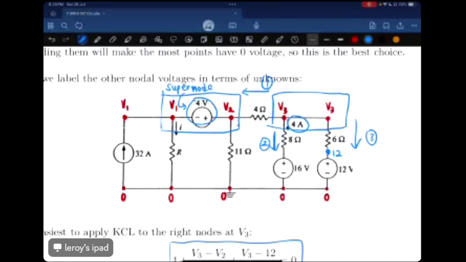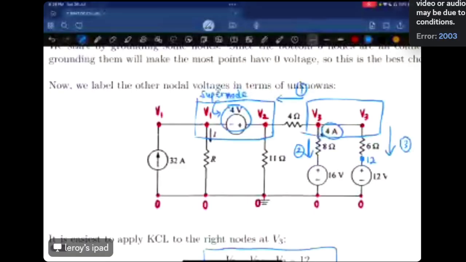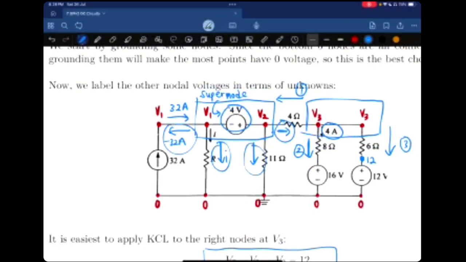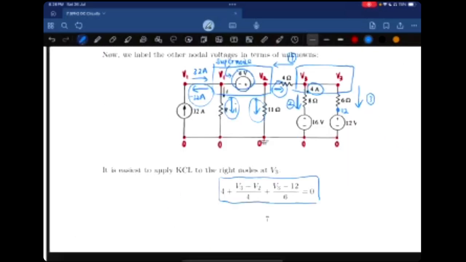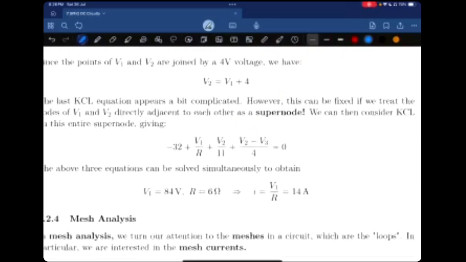So when you come here, you have some current here, then another current, and the sum of these must be equal to 0. That's what we did here as well.